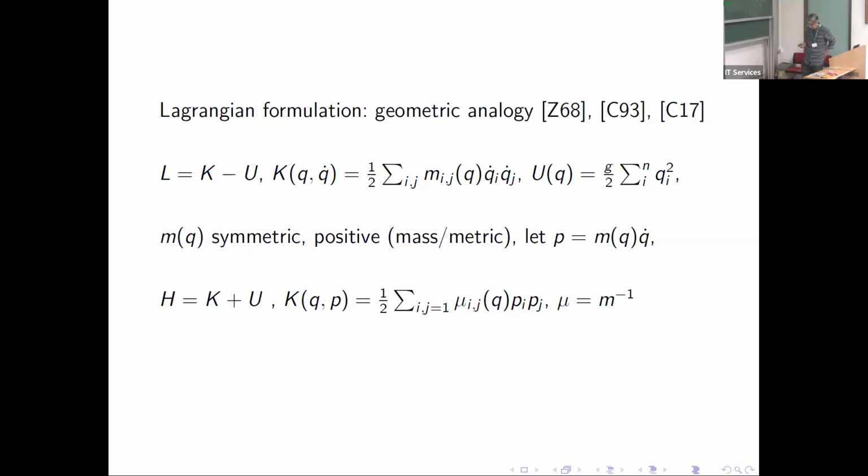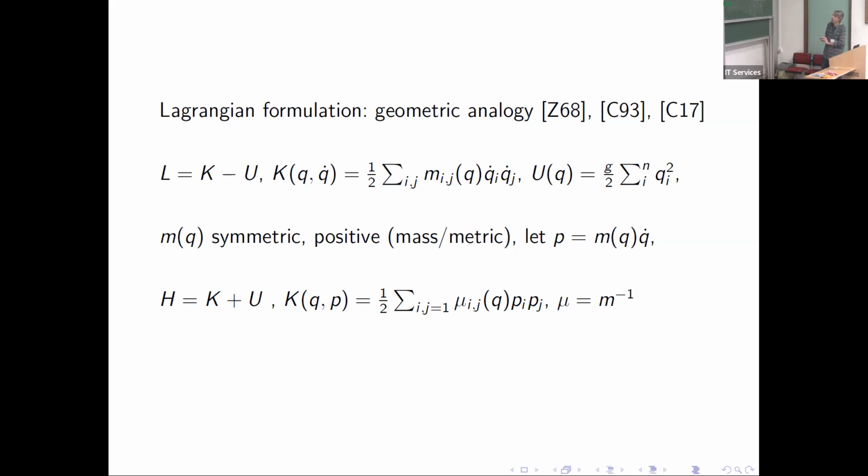The Hamiltonian is very similar to Zakharov's Hamiltonian, but we're using a geometrical interpretation and connection with the Lagrangian by Craig, that was later developed in '93, and in some other works, especially more recently, where the Lagrangian for water waves has a kinetic part which is quadratic in the velocities with some position-dependent definite matrix, and then some potential energy which is quadratic.